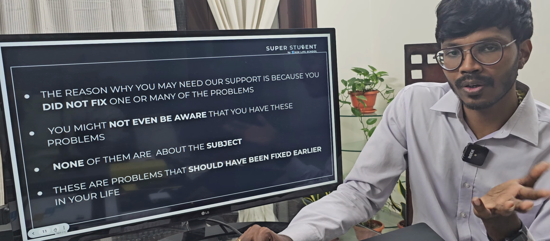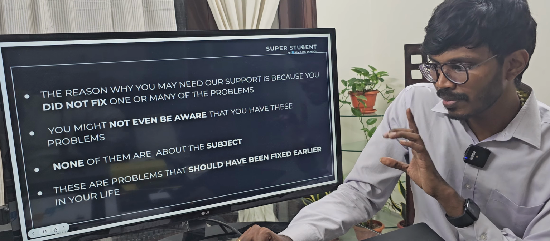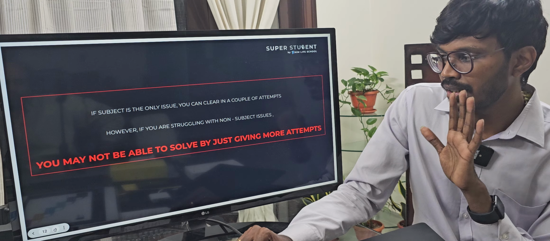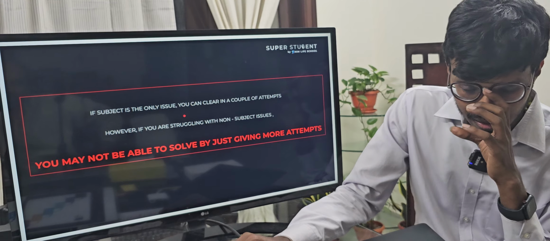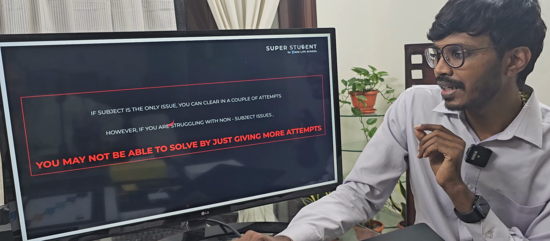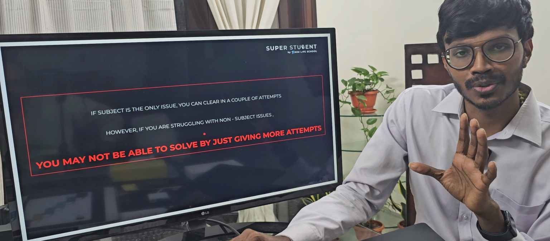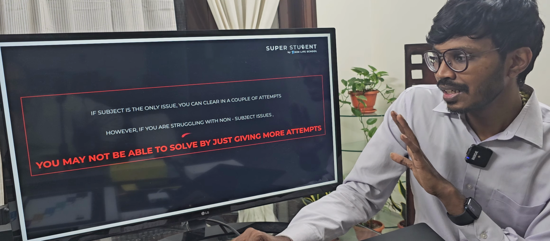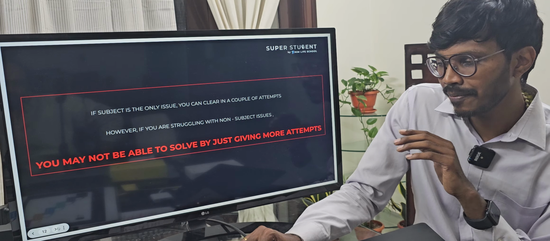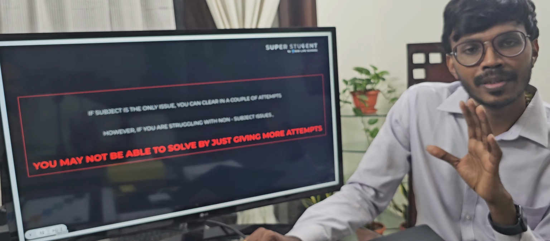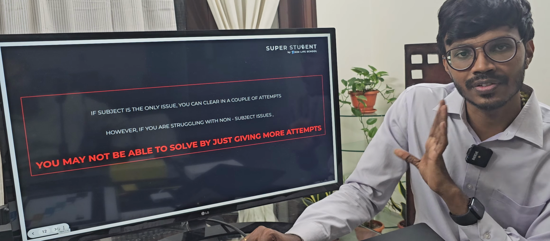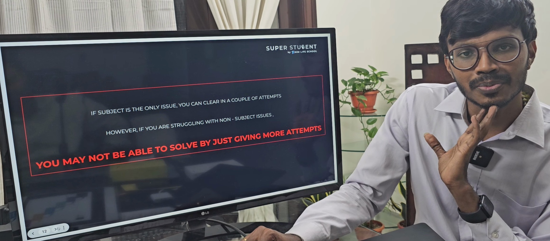If it did not happen, you can still do it, but these are the things we should clearly understand. And if the subject is the only issue, you can definitely clear in a couple of attempts. If you're struggling with non-subject issues, then you may not be able to clear it even with more attempts. More attempts may not help you clear if the subject is not the issue.